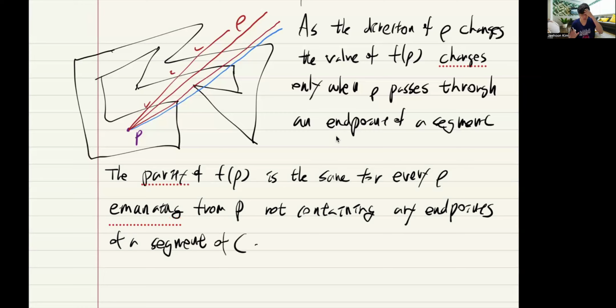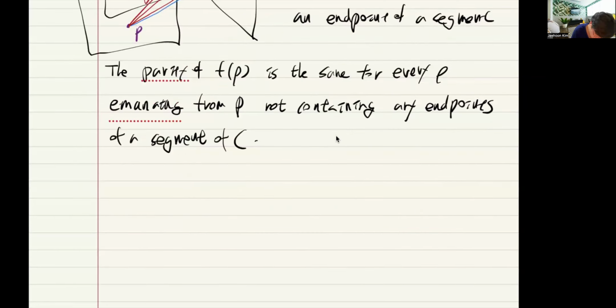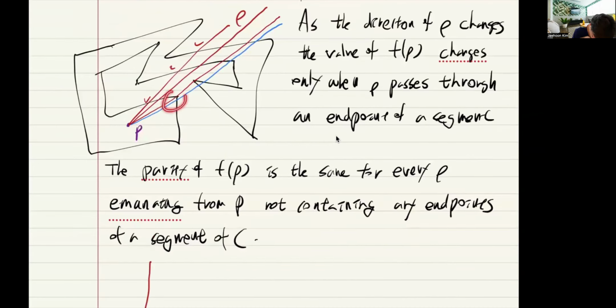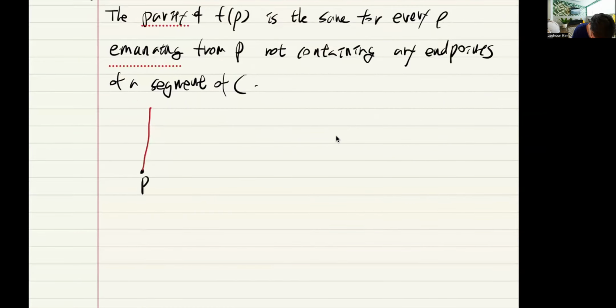There are no vertices and no edges, I mean, it's endpoints of the segment. So I said it wrong. Why? So what patterns are possible? When we have P, one pattern, and this pattern could happen several times, is that you have one segment on the left and one segment on the right.